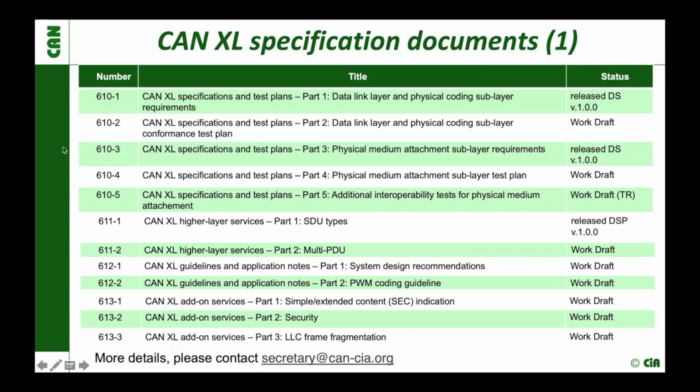They are the 610-1, CAN-XL data link layer requirements, the 610-3, the physical medium attachment sublayer requirements, and also the 611-1, the service data unit types for CAN-XL higher layer services.